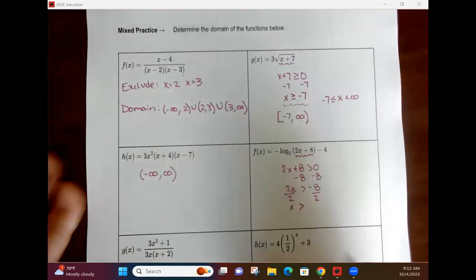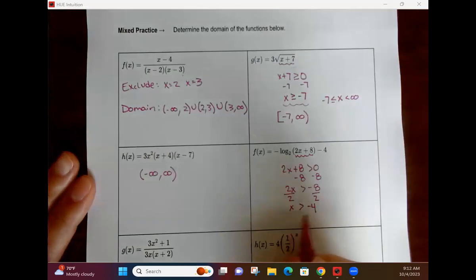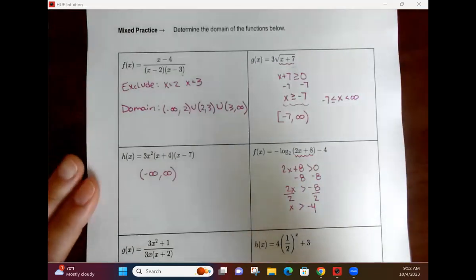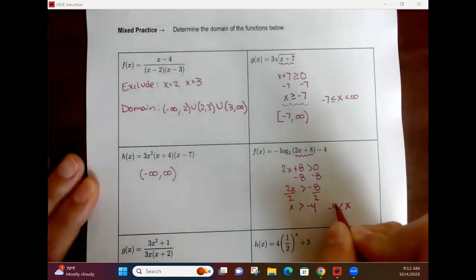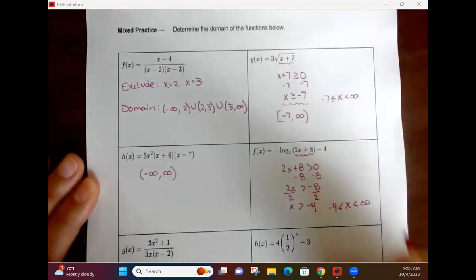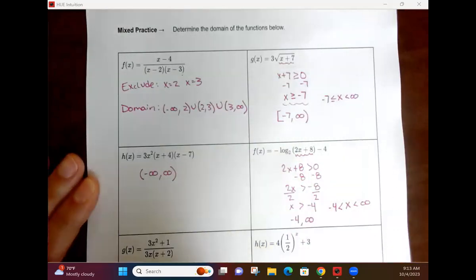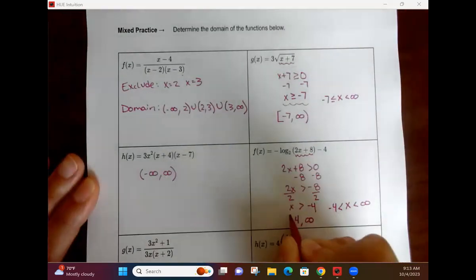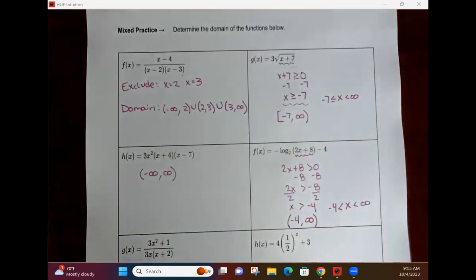I'm dividing by a positive number, so I don't need to change that sign. So my domain here would be x values greater than negative 4. If you like the 3-piece inequality with x in the middle, it would look like this. If you like interval notation, it would be negative 4 to infinity, right? A parenthesis, because we're just greater than negative 4 this time.